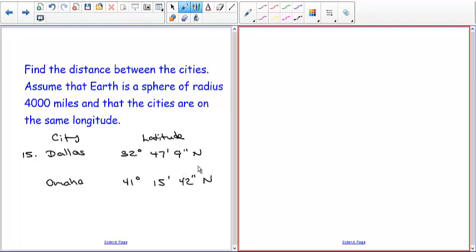And let's do both of them just to show you how it works. So the way you convert 32 degrees, 47 minutes, 9 seconds, you take 32 plus 47 divided by 60 plus 9 divided by 3600, which is 60 times 60.